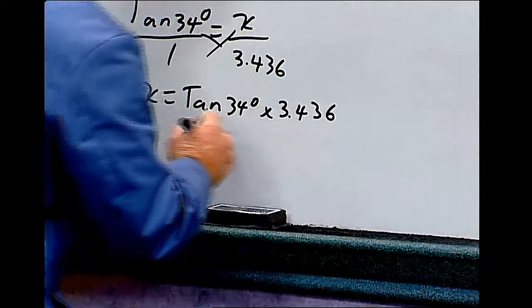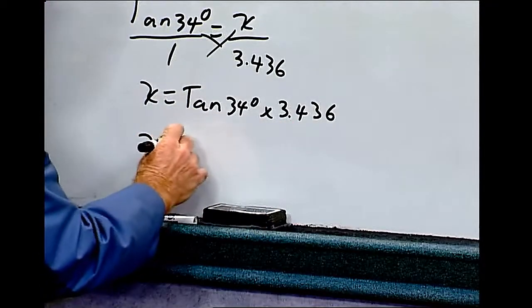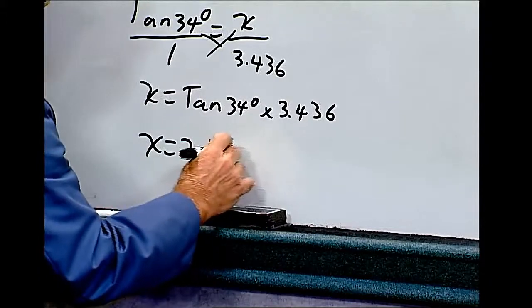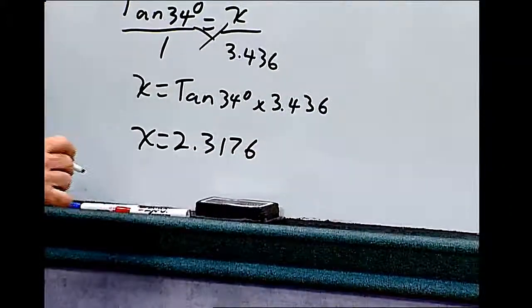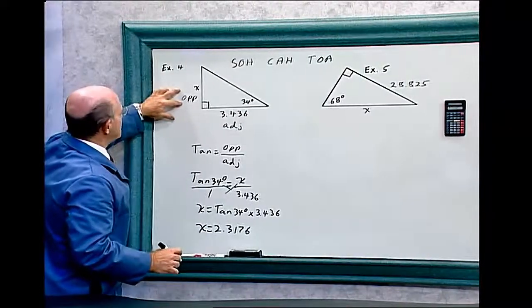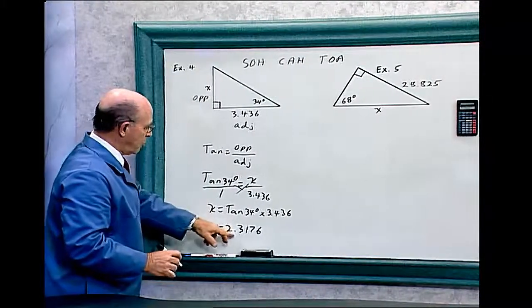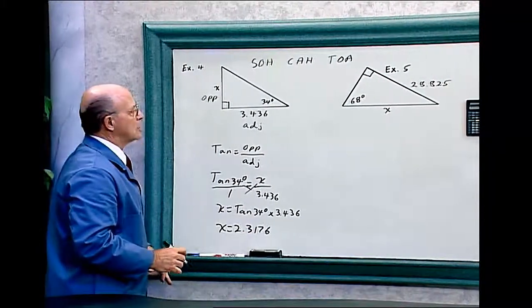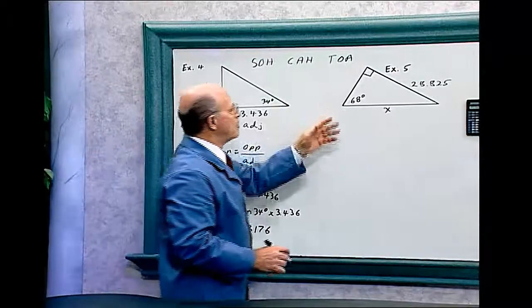So x equals 2.3176. And so the side opposite here equals 2.3176. Let's go to example 5.